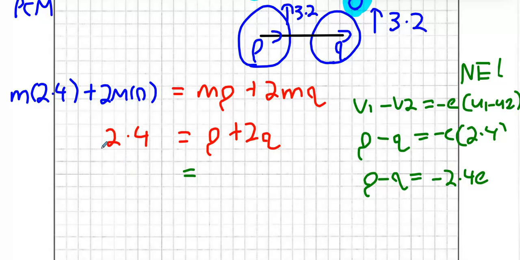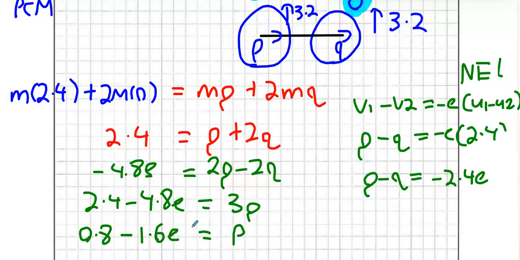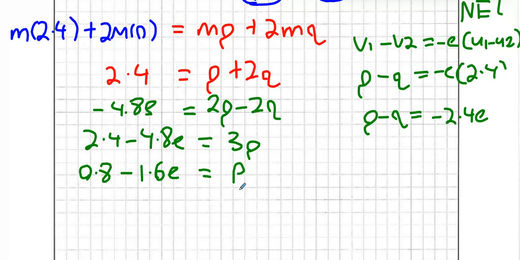And we'll get minus 4.8 E equals 2P minus 2Q. 3P is 2.4 minus 4.8 E. Once we divide that by 3, we get 0.8 minus 1.6 E. Now you're not wrong with that, but the way they took out the 0.8 and left that as 1 minus 2E, you don't have to do that, but is that right?